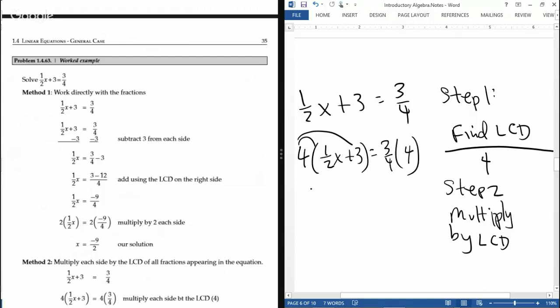4 times a half is the same as 4 over 2. 4 over 2 is 2x. 4 times 3 is 12. And the same way here. Again, when you're multiplying a whole number, you have a choice. You can either multiply the numerator by the whole number first and then divide, or you can divide first and then multiply the result by the numerator.